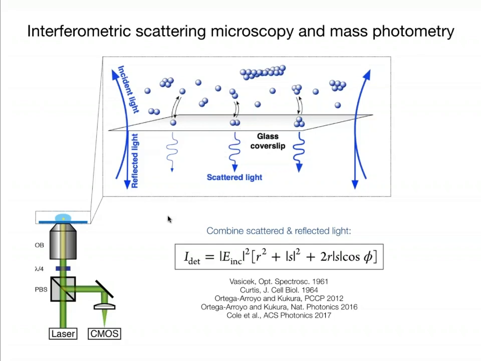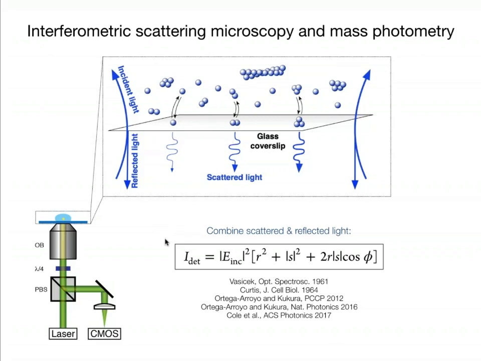If you go to a position that we define as focus, these two light fields interfere destructively with each other, such that these small scattering objects appear as dark spots on a bright background.